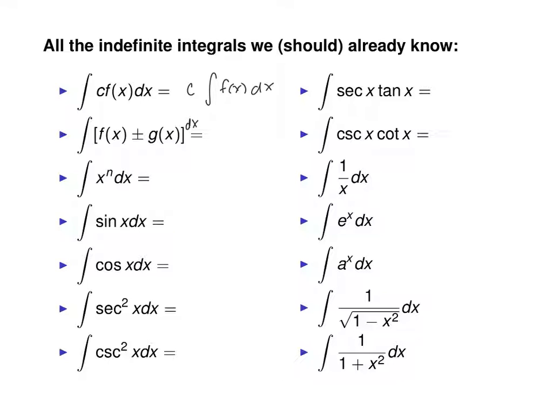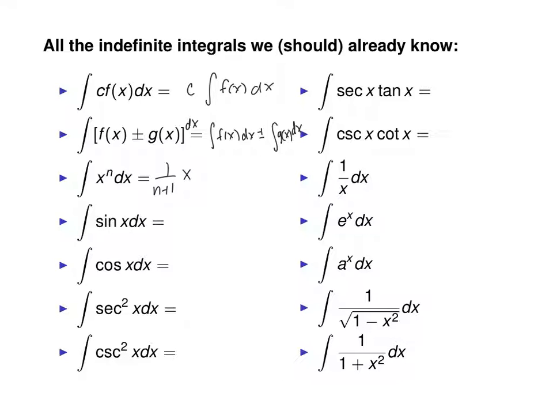It's legit, when you're integrating a sum or difference, to integrate the first term plus or minus integrate the second term. That's totally fine. You break it into two pieces. Those are general guidelines for things you can do, as opposed to specific rules about specific functions. What's the antiderivative of x to the n? It's that reverse power rule.